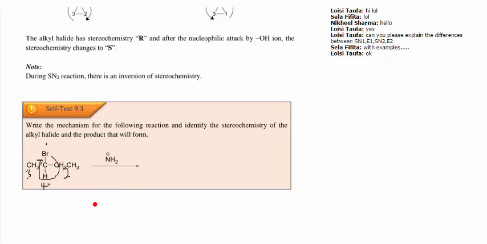So this becomes an R stereoisomer. That's an R isomer. So once the leaving group leaves, the nucleophile gets attached to the carbon.